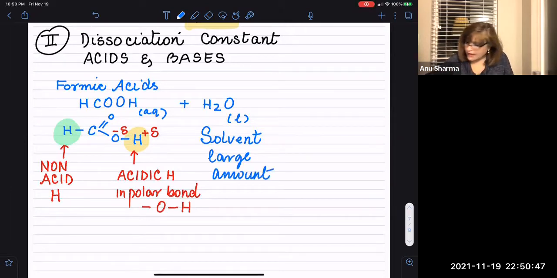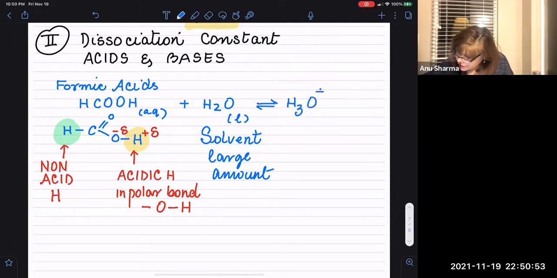The hydrogen ion that is released attaches to the oxygen of water and gives the hydronium ion, and it gives you HCO2 with a 1 negative charge.